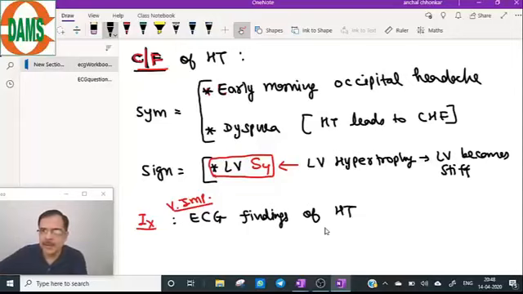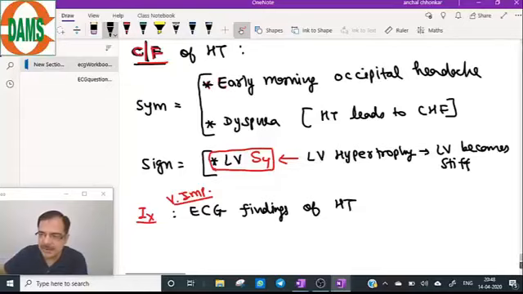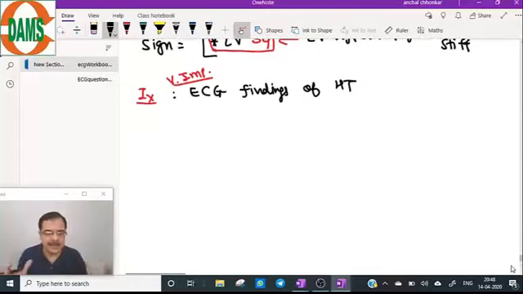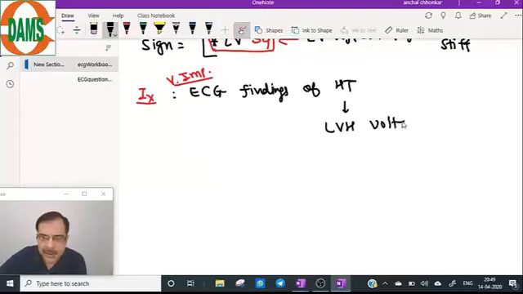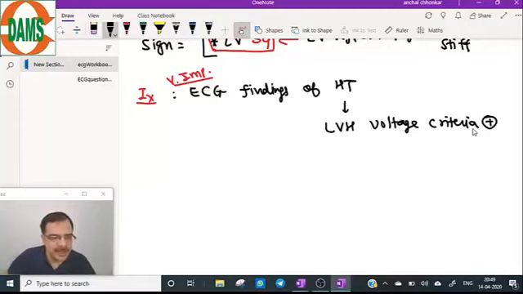Now come to the very important question: what are the ECG changes of systemic hypertension? Now it is the time to recall your ECG classes where systemic hypertension was mentioned as a history. In systemic hypertension, the finding will be left ventricle hypertrophy. LVH voltage criteria will be present.